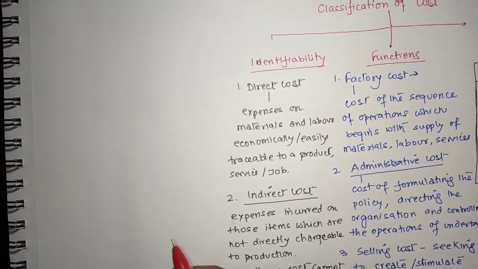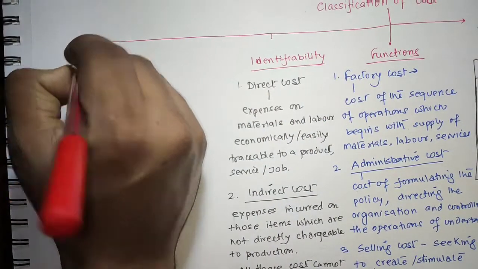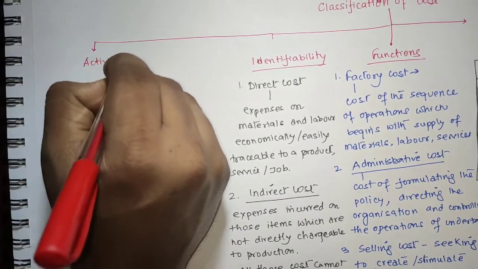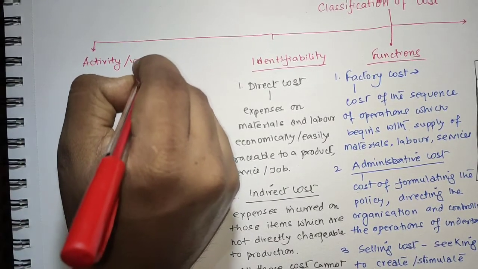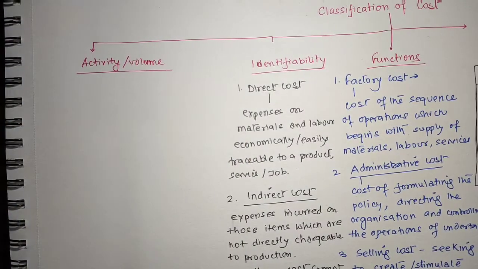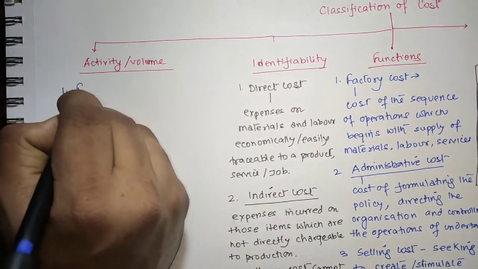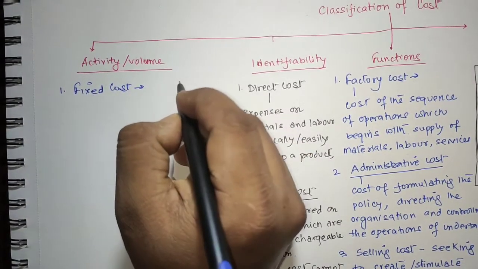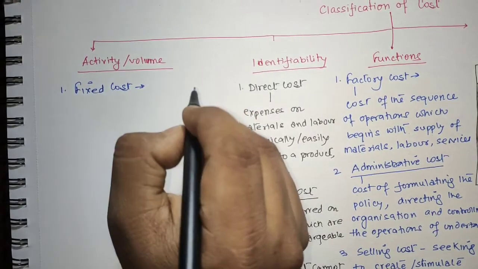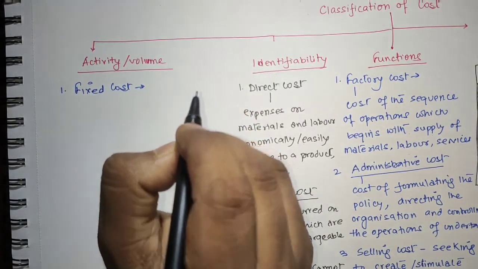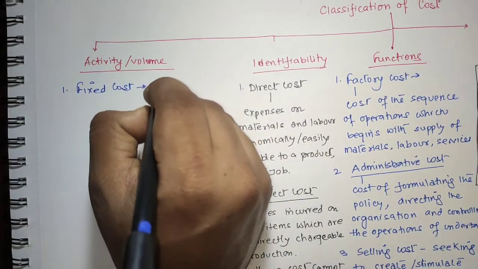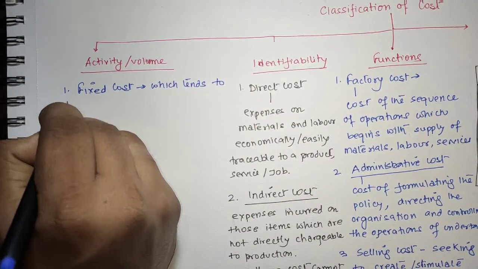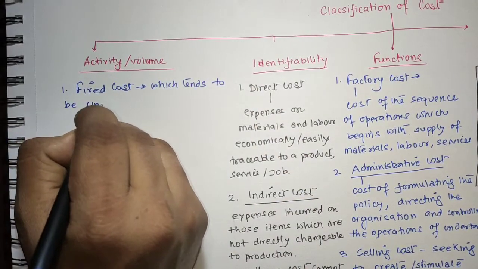Okay, then classification on the basis of activity or volume. So first we have fixed cost. Fixed cost is a cost which tends to be unaffected by variation in volume of output.